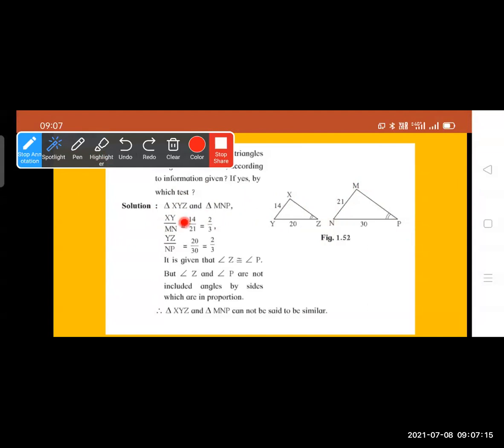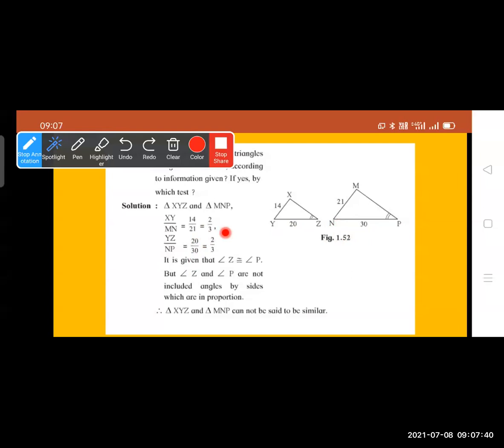We cancel: 7 twos are 14, 7 threes are 21. We get 2 by 3 first. Second, we take YZ by NP, that is 20 by 30. The zeros get cancelled, so 2 by 3.